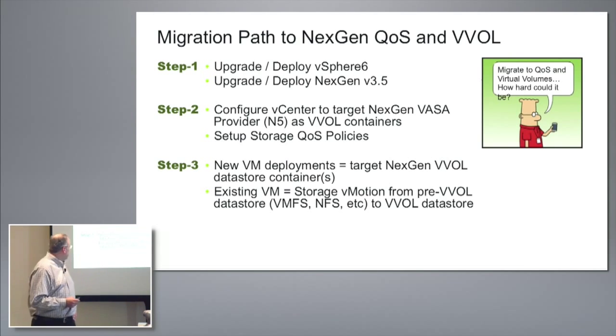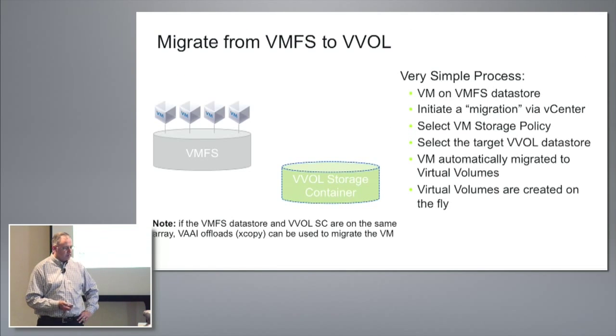And then the second step would be to configure the VASA provider, the NexGen VASA provider, and then set up the storage QoS policies. And then step 3 would be to deploy the virtual machines. If it's an existing virtual machine, it's a simple storage vMotion.